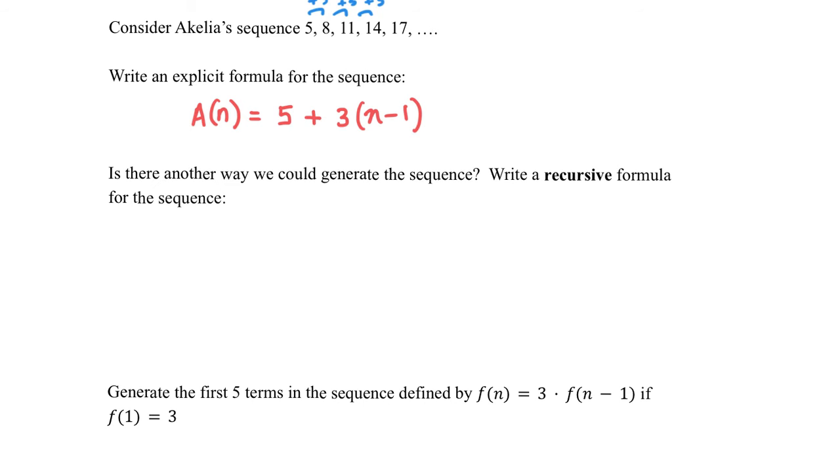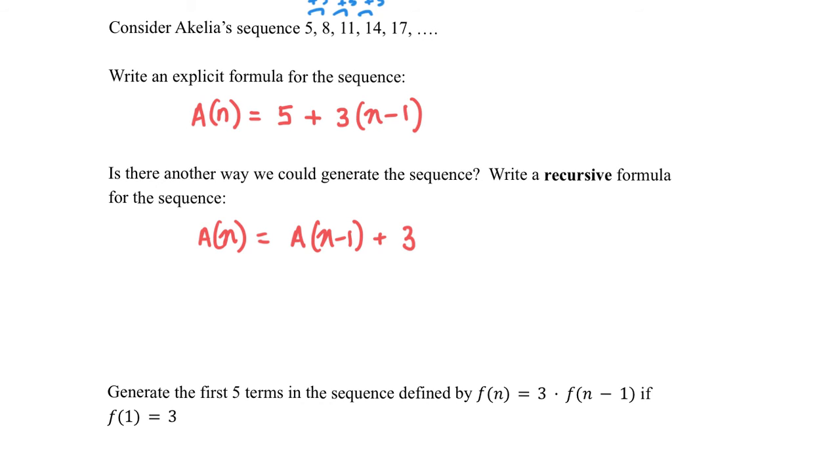Okay, so that's what this is going to look like. We're still going to call it A of n because the sequence is called A, and how do you get the nth term? Well, like we just said, you would take the term before it. What's the term before it? The term before it is A of n minus 1. And then what are you going to do? You're going to add 3 to it, just like we talked about.